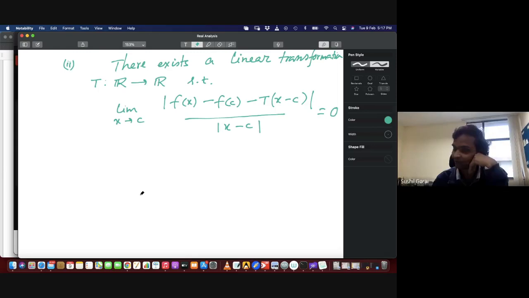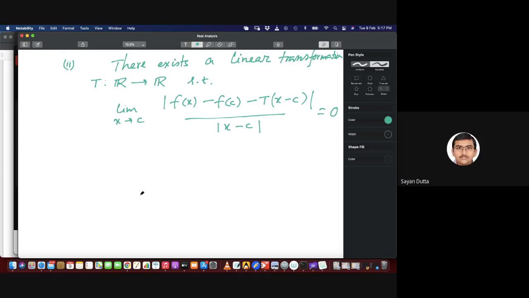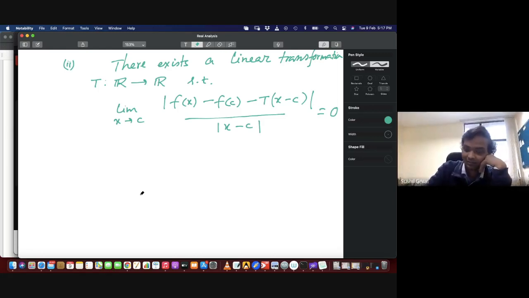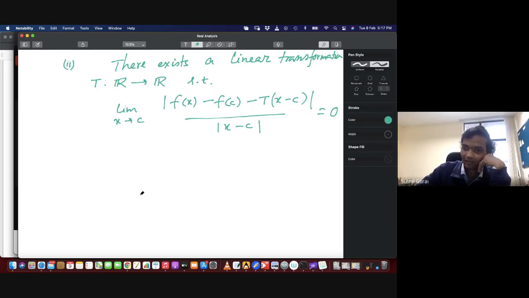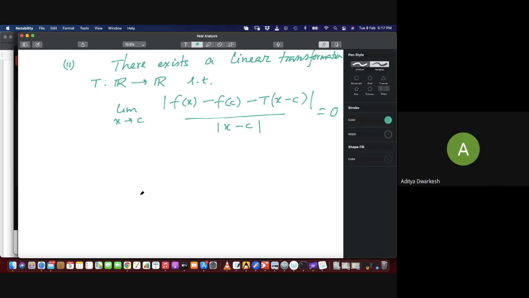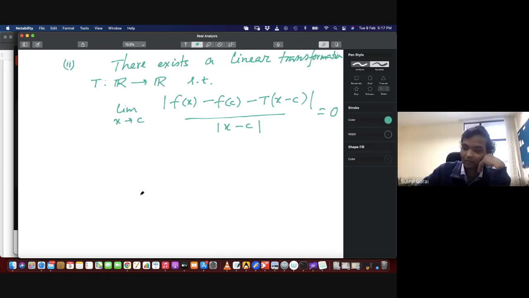Maybe we want tangents. We may want to find out rates of change. To know if it can be approximated affinely. Yeah, that is true. You approximate this one, but then why is it useful?